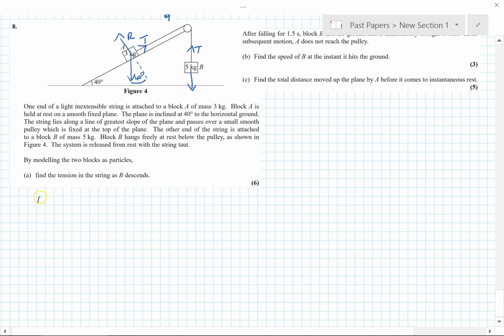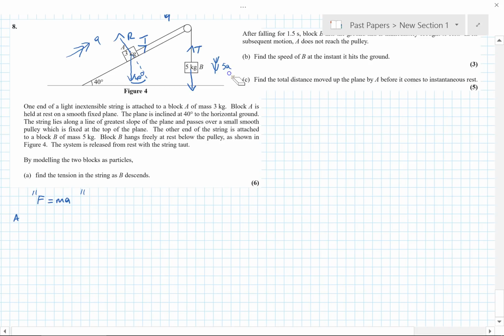So we're going to apply F equals ma to both particles. To the A mass there, we've got the component of the weight going down. Remember, it's going to be accelerating this way for sure, because it's a 5 kilogram mass and it's the only way it can go.